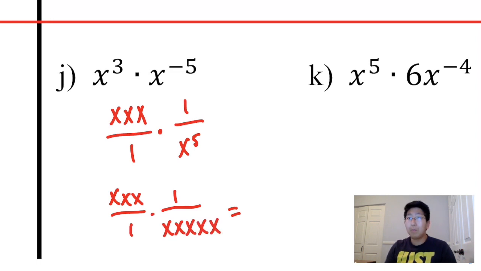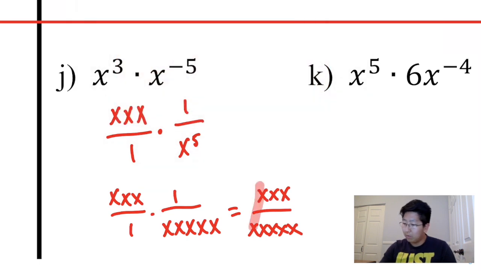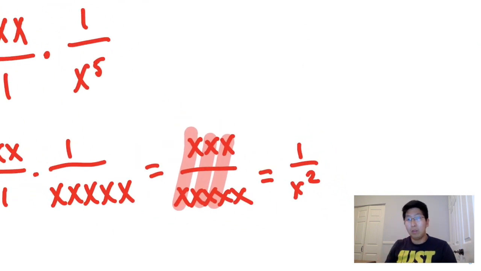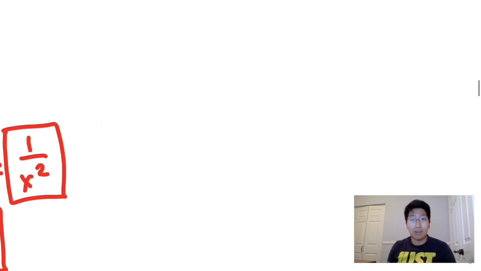That's the same thing as x times x times x over 1, 2, 3, 4, 5. Then we can create our ones, and our answer here is 1 over x squared. So we could say either 1 over x squared or x to the negative second power. These will both be the same exact thing.